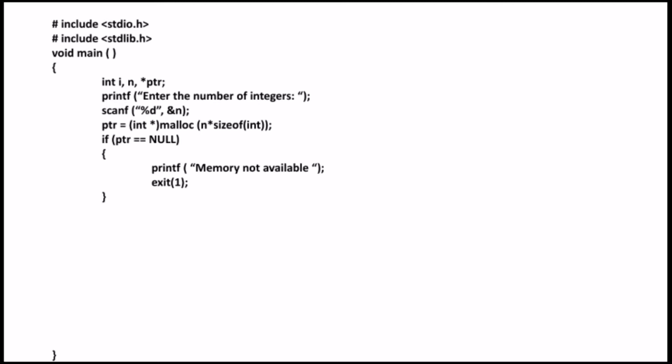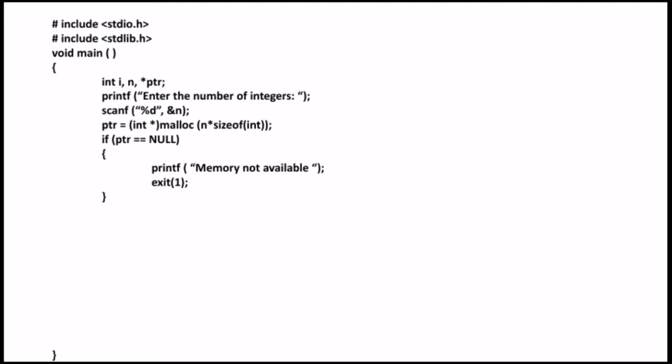So first we have to check whether memory is allocated or not. If memory is allocated, then we can use it. So for that we have to check whether ptr is null or not. If ptr is null, that means memory is not available or memory is not allocated.